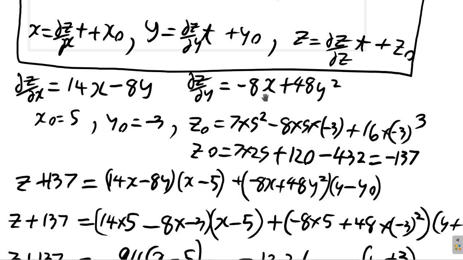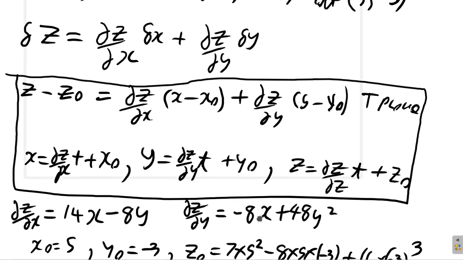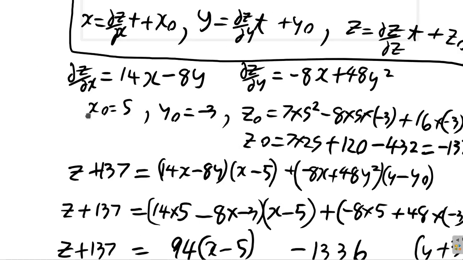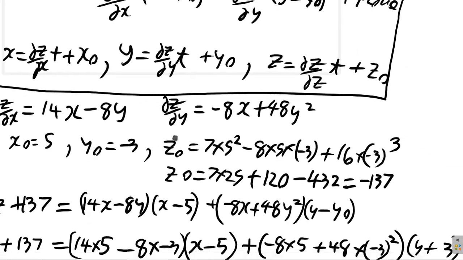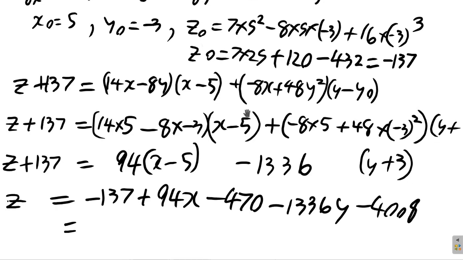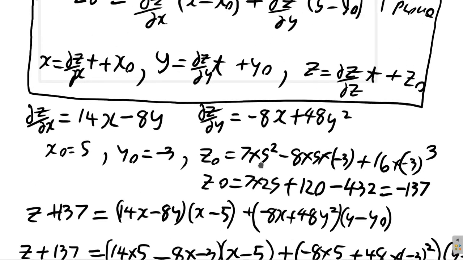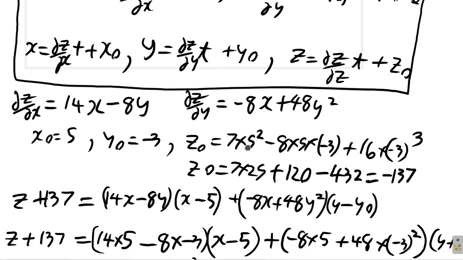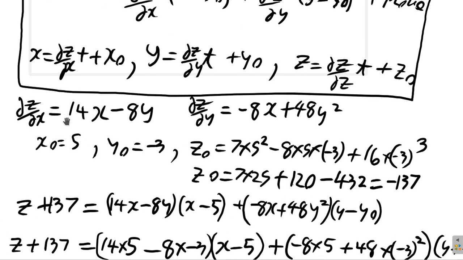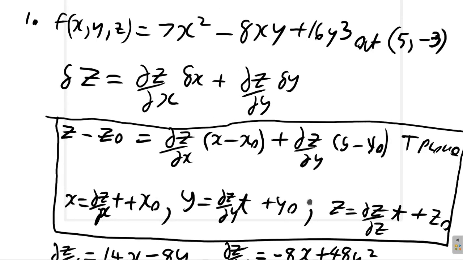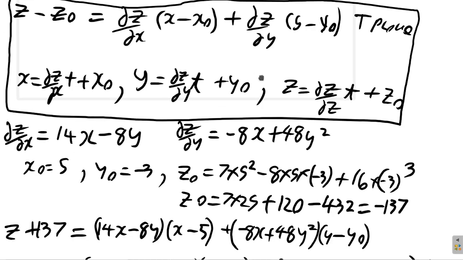Z is equal to 7x squared. Pause the video to recheck, make sure that there was no mistake. The reason I'm doing that is because the 4008 is kind of a larger number than I had expected. Let's see, just a quick check. 14x minus 8y. Yeah, you got that right.